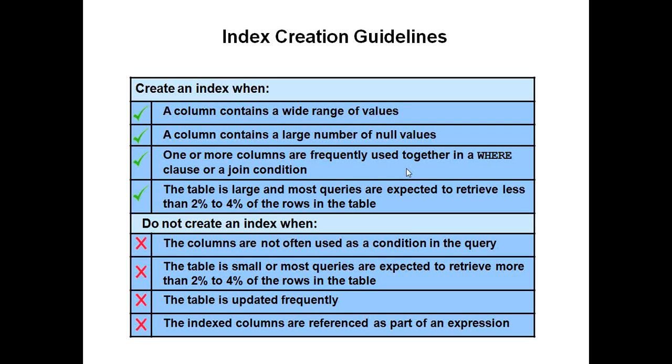And finally, if the indexed columns are part of an expression, like when I say expression, you are including them in some group functions, then also you should not create an index. So these are the guidelines that we need to follow strictly.